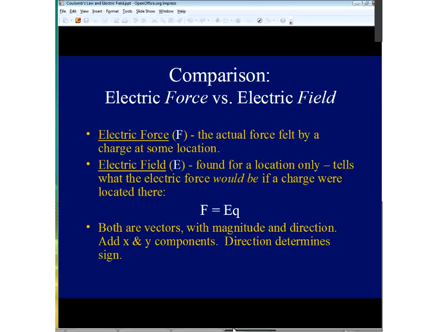Both are vectors. That is a similarity. If you know the field at a particular point, then if a charge is placed at that point, force acting on that charge will be QE.